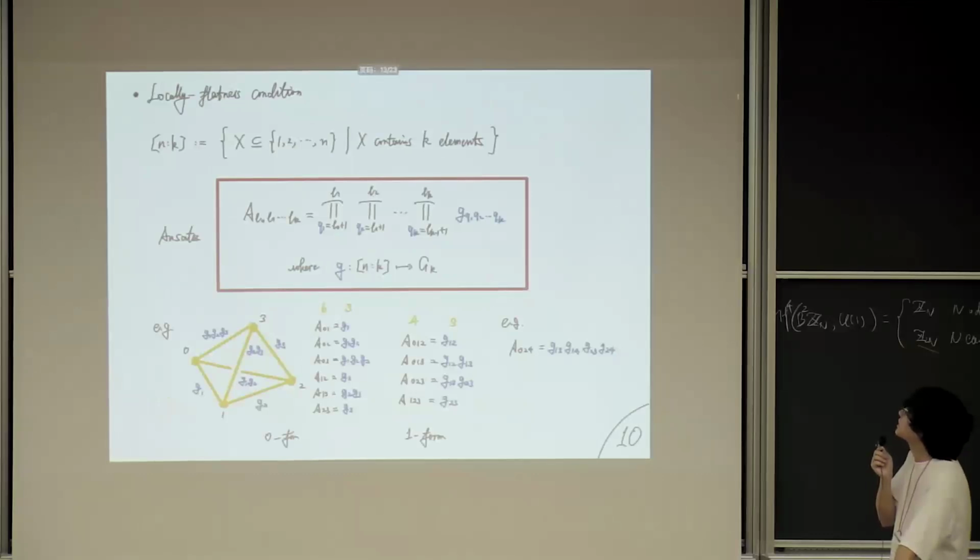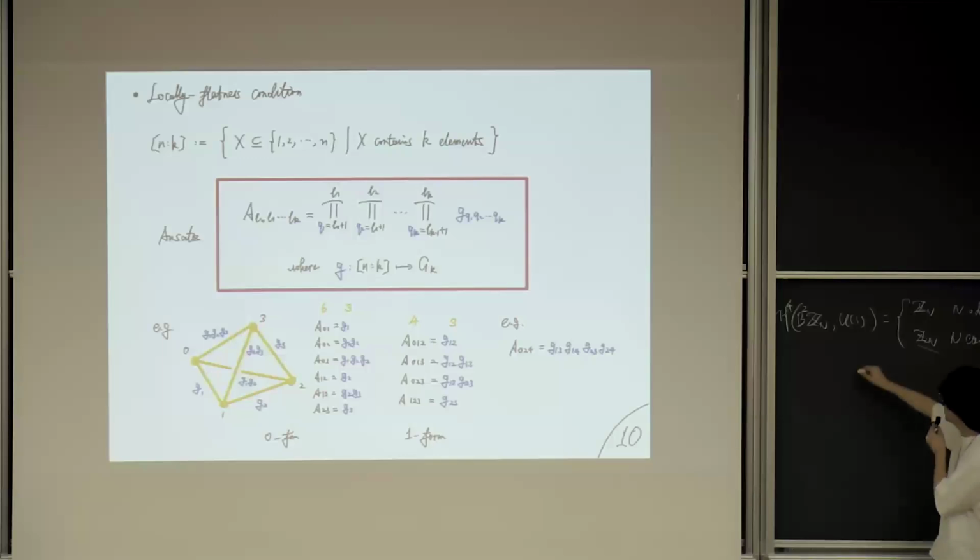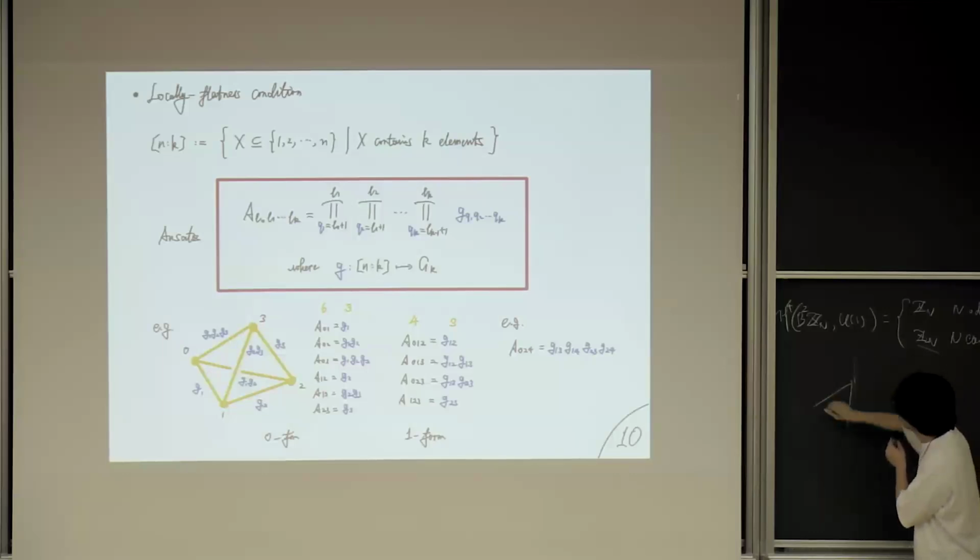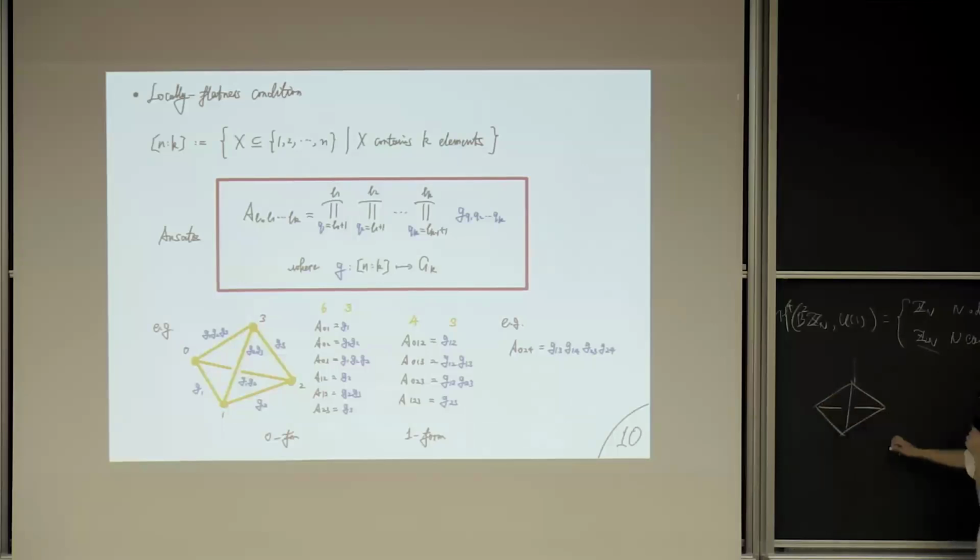Roughly speaking, if you consider this tetrahedron, as I said, here I impose the local flatness condition, which means that if you go around this triangle and sum over all the link variables, we get a trivial thing.